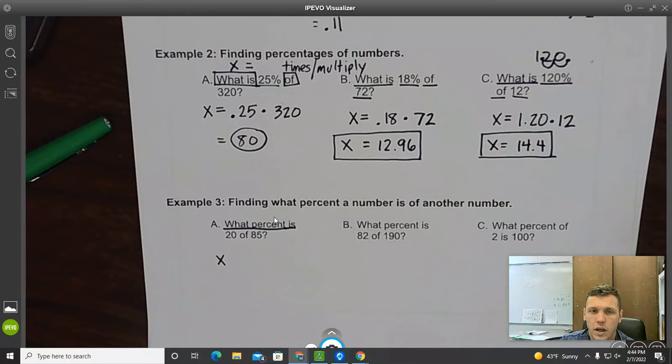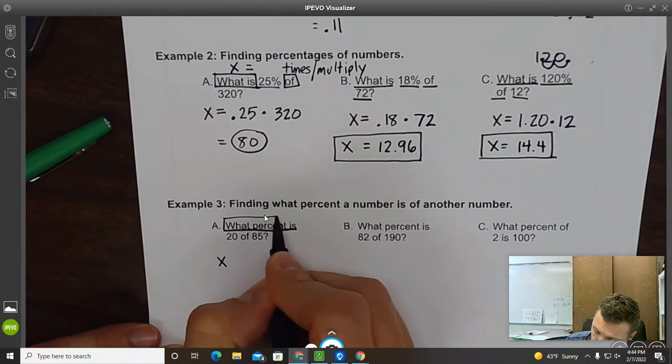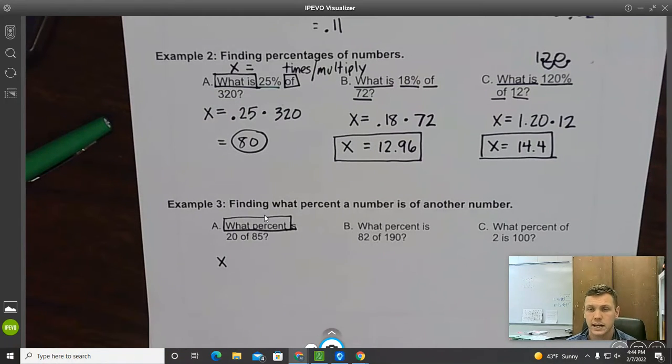Notice how it says we're looking for the percent, and here it tells us what the answer is.